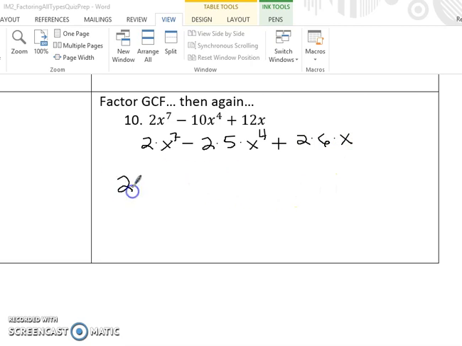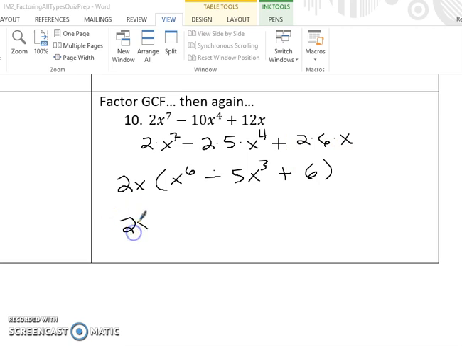So I'm going to pull out the 2 and 1x from each. And that's going to take the x down by 1 with each. So we have an x to the 6 minus 5x to the third, and then plus a 6.